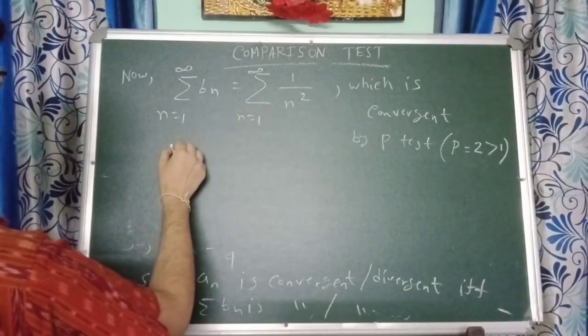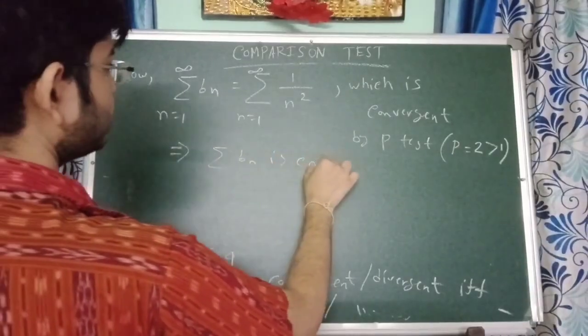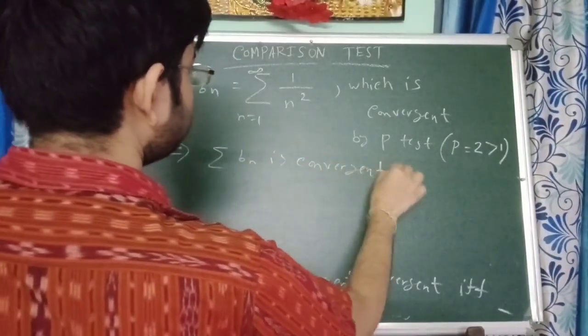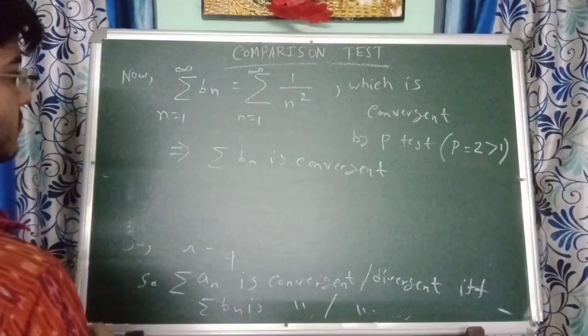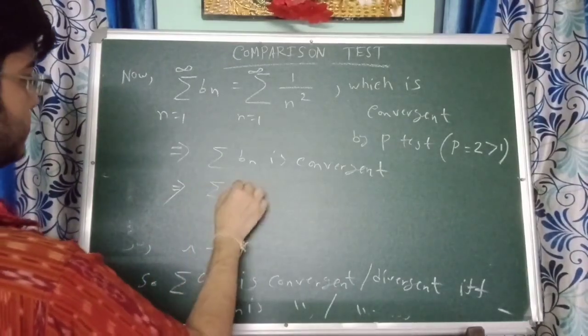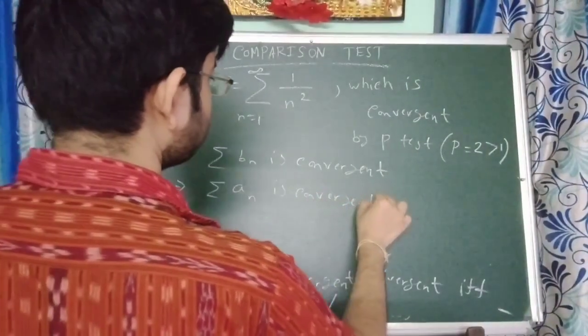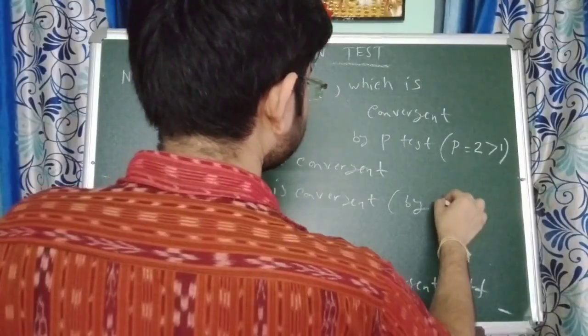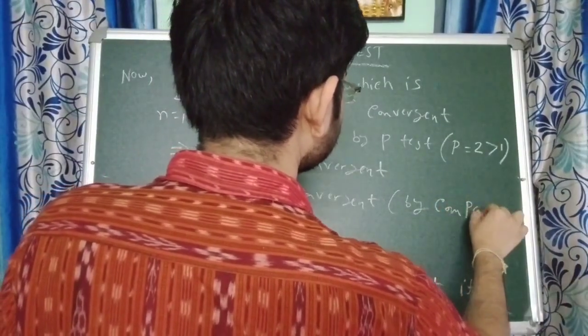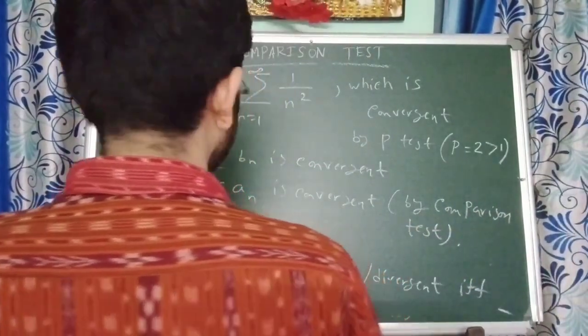So summation bn is convergent, and since L is a non-zero finite number, by the comparison test we say that summation an is also convergent by the comparison test.